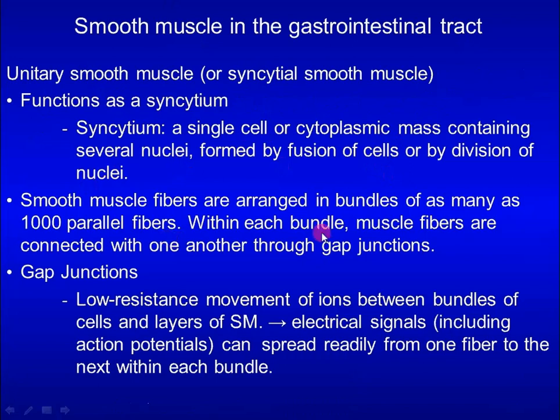Within each bundle, muscle fibers are connected with one another through a large number of gap junctions. Gap junctions allow the low resistance movement of ions from one muscle cell to the next. Therefore, electrical signals can travel readily from one fiber to the next within each bundle.